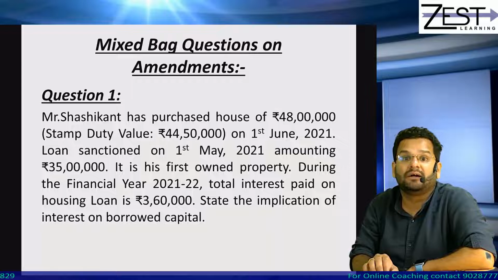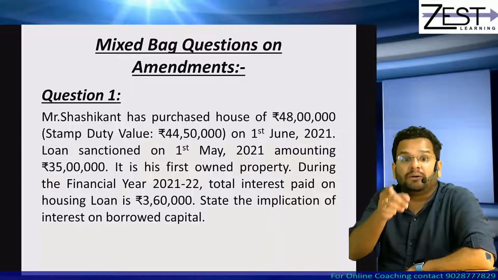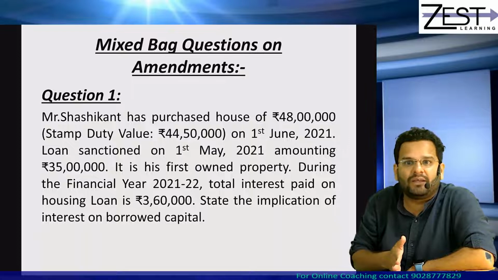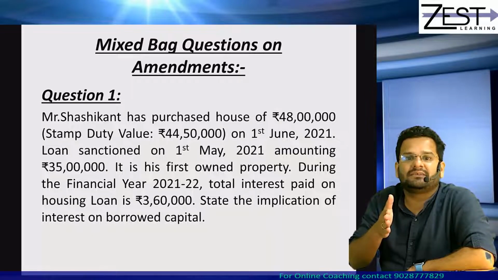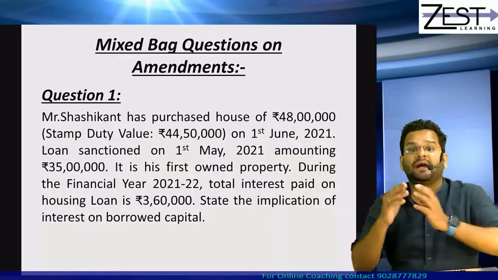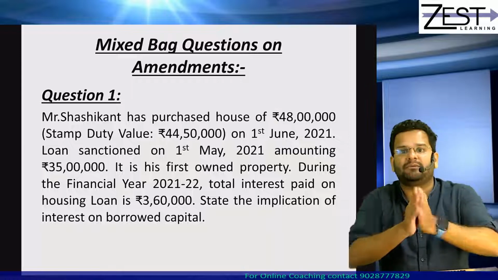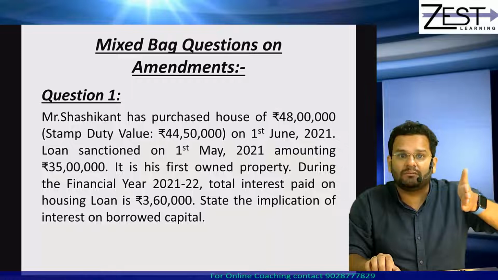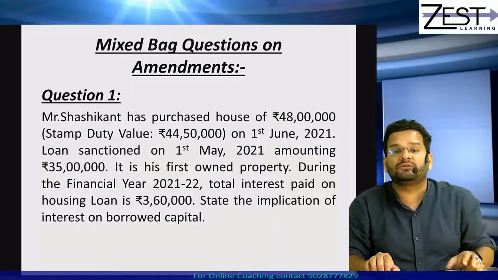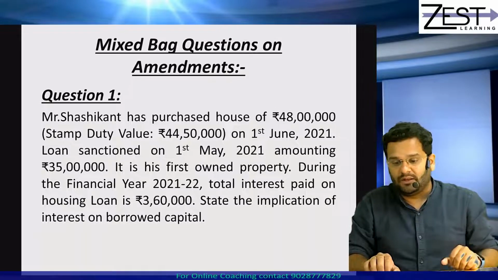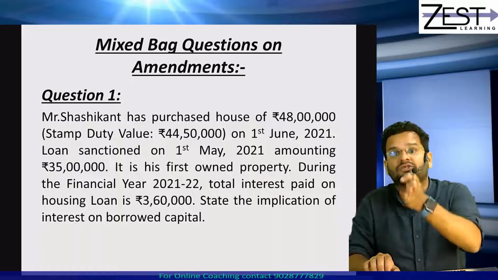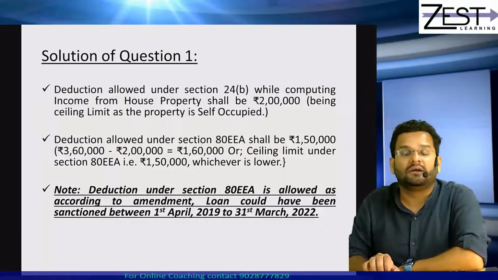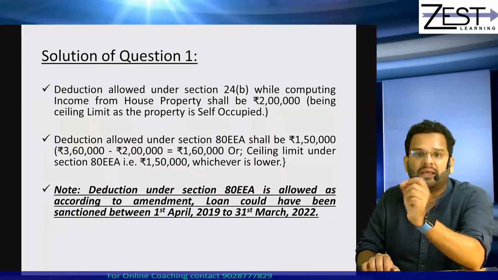Getting the point? And now you are able to claim 80EEA because Finance Act 21 has extended the time limit from 31st March 21 being cutoff date to 31st March 22. So even though this house is purchased on 1st June 21, you are eligible for that deduction of 80EEA.